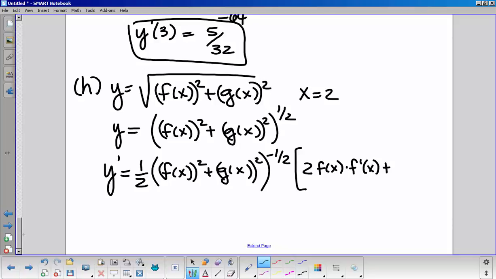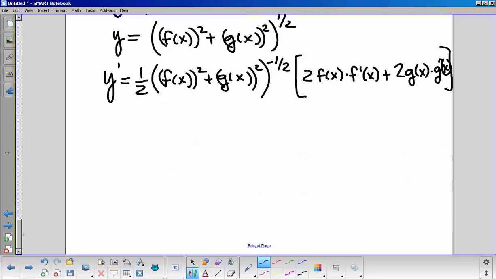We're going to use the chain rule on this, right? It's power down, function, lower the power by 1, times the derivative of the inside. And so this one's going to be plus 2g of x times g prime of x. So, anybody see, can I get rid of the 2? This and this can go bye-bye. What goes in the denominator now?